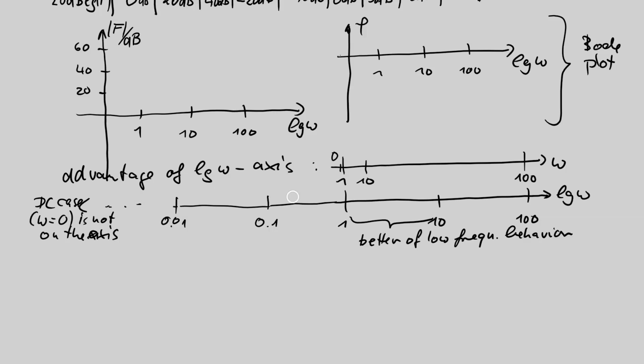In the logarithmic axis, this is at negative infinity distance, so not on the paper. That is a disadvantage of the logarithmic omega axis. Advantage, low frequency ranges can be better analyzed with the logarithmic axis. Okay, that is the advantage and disadvantage of the logarithmic horizontal omega axis.